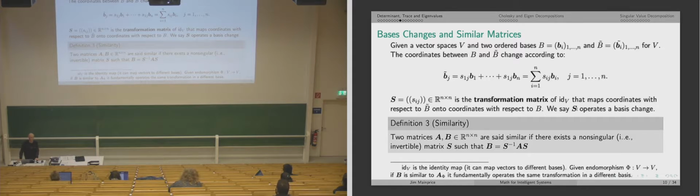So this is super important, this notion of similarity between matrices and the fact that S is just operating a basis change, because we're going to decompose matrices in three a lot when we do eigen decomposition and singular value decomposition. The key idea of decomposing matrices in three is often to say that we have on this side some kind of basis change, then for the eigen and singular value decomposition some kind of diagonal matrix, and then we are changing the matrix back into the other coordinate system.